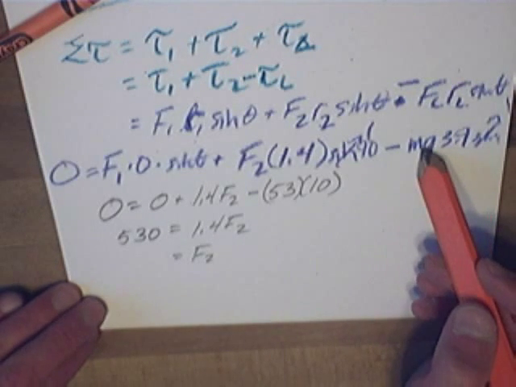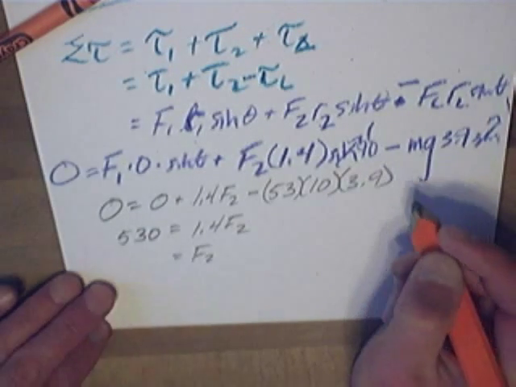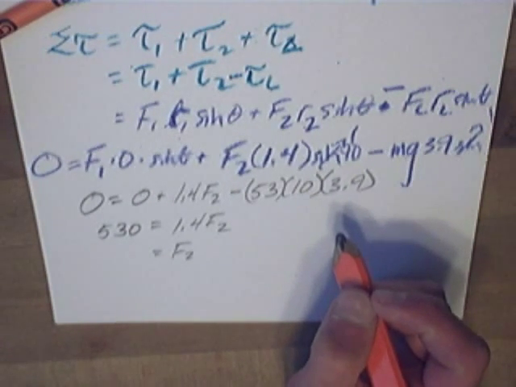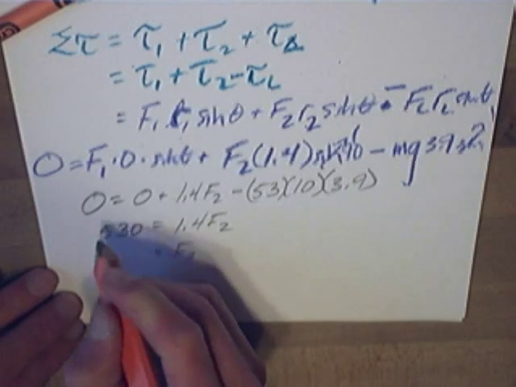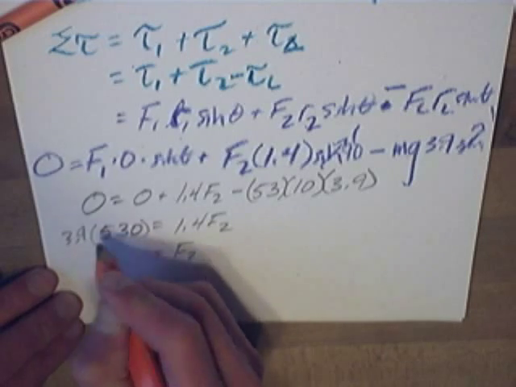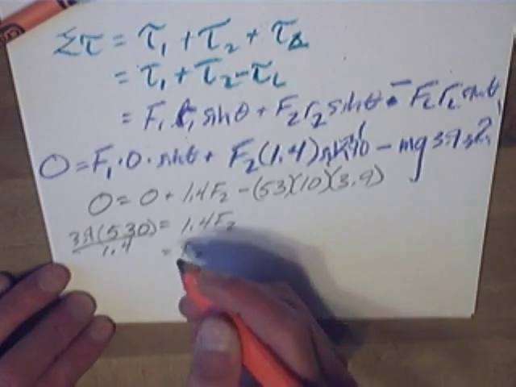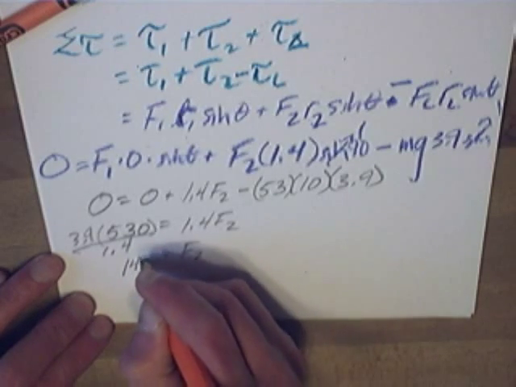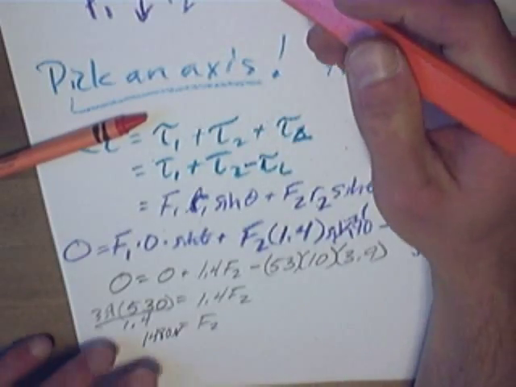Wait, did I screw up? I didn't multiply it by 3.9. Multiplied that out, 530 times 3.9 divided by 1.4, and I end up with 1480 newtons. F2 is pointing up at 1480 newtons.